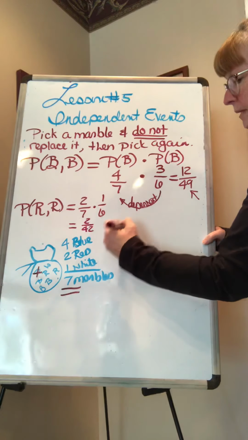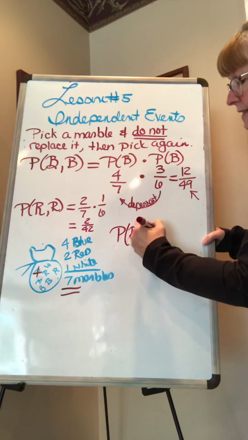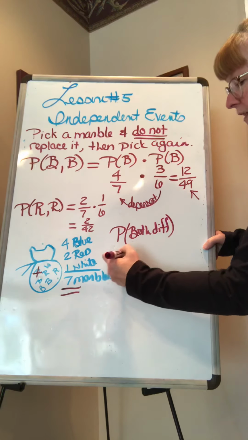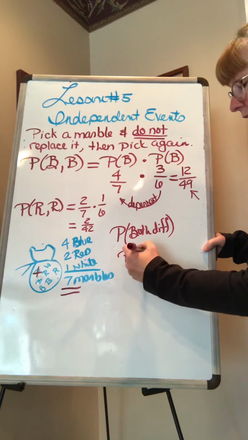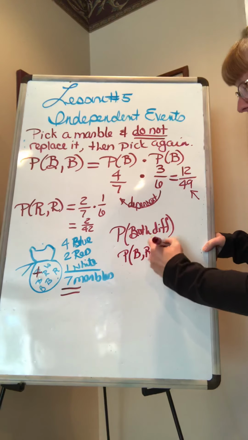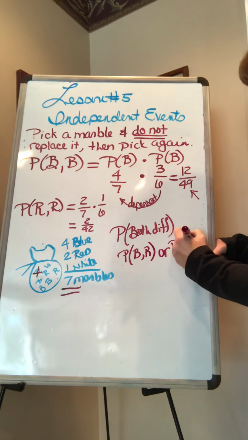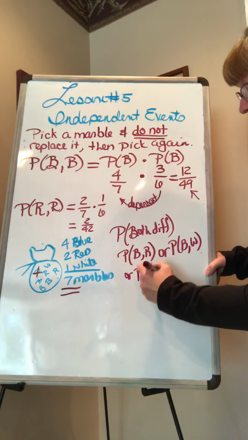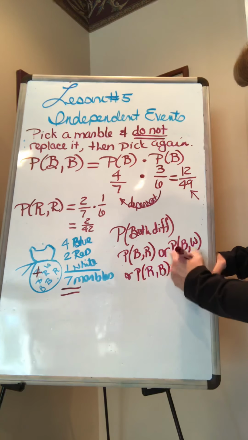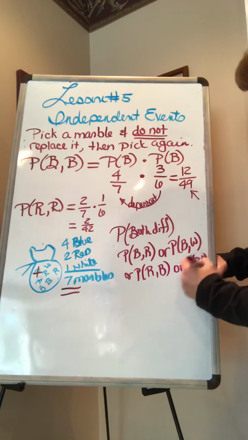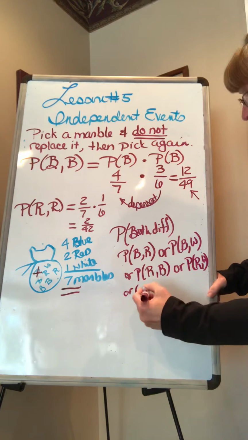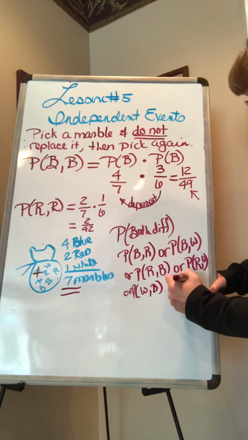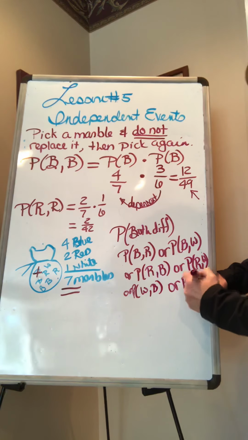And if I said the probability that they're both different, well, both different means the probability that I picked blue, then red, or I picked blue, then white, or the probability I picked red, then blue, or the probability I picked red, then white, or the probability I picked white, then blue, or the probability I picked white, then red.